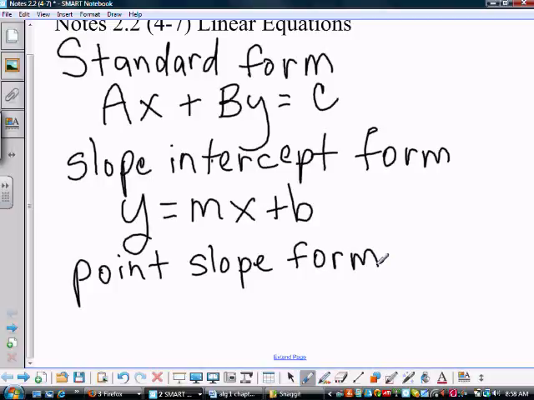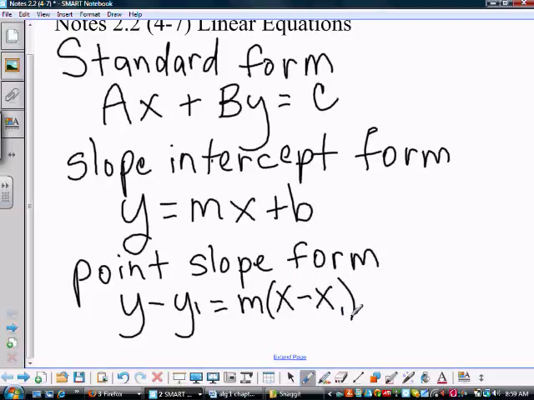And that form is written as y minus y sub 1 equals m times x minus x sub 1, where m is the slope of the line, and x sub 1 comma y sub 1 is a point on the line.